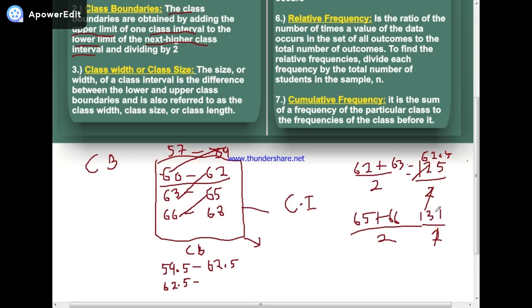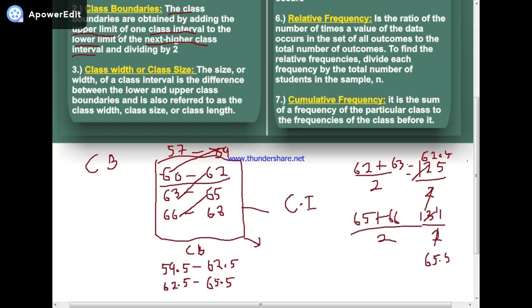Now 2 in 13 is 6, remainder 1. 2 in 11 is 5. So point 5. So that means this will be 65.5.